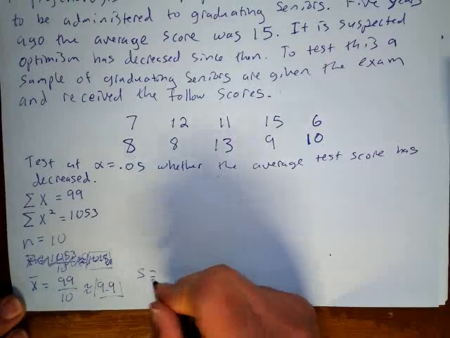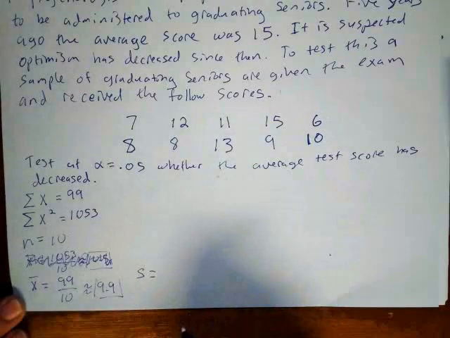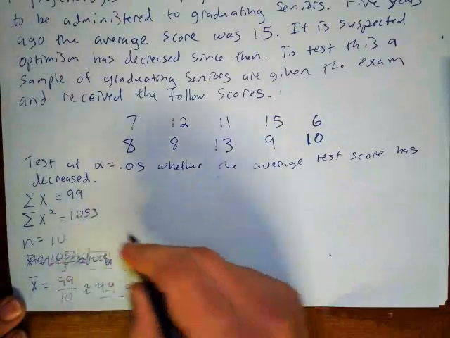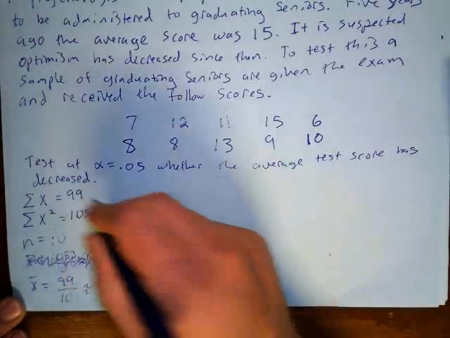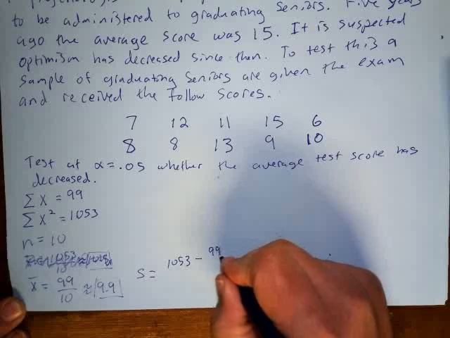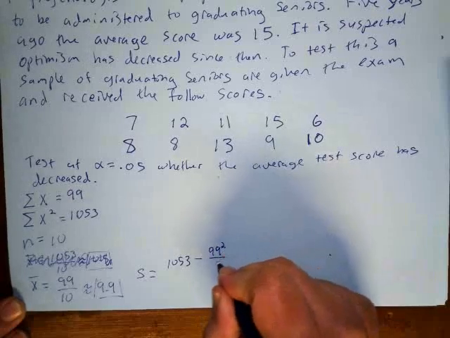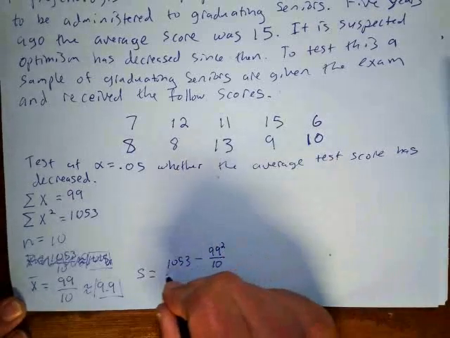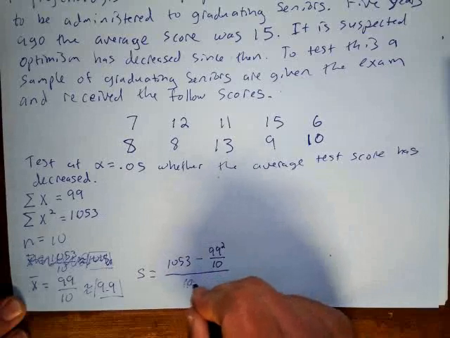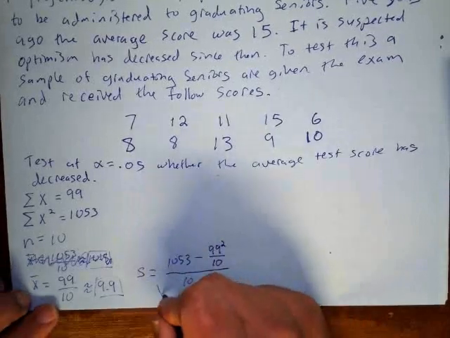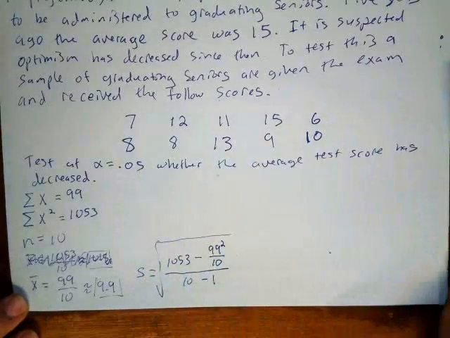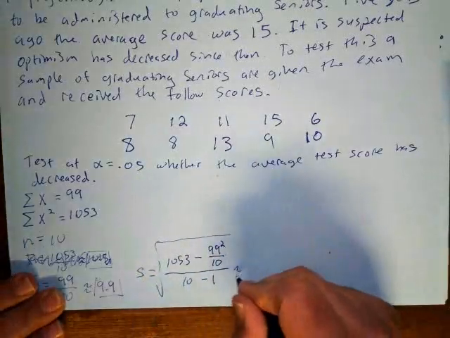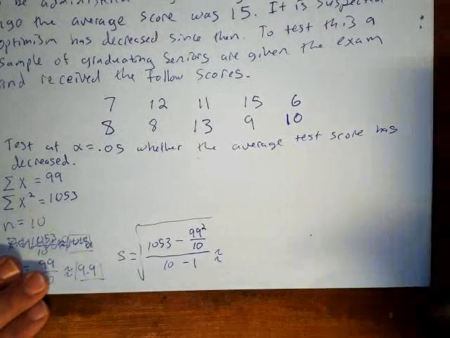Now my standard deviation is going to be the sum of x squared minus the sum of x quantity squared divided by n, all over n minus 1, and then I take the square root of that.